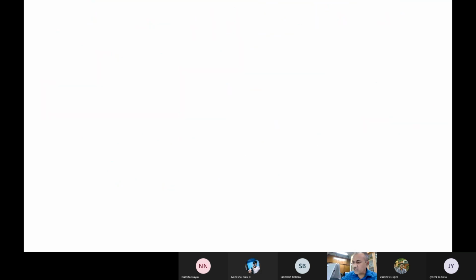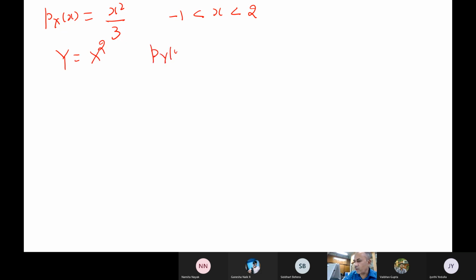Now in a similar fashion, this is a very interesting and important thing. p_X(x) is x square by 3, where x varies from minus 1 to 2, and y is x square. Now what will be p_Y(y)? This is the question. The problem here is the range of x.